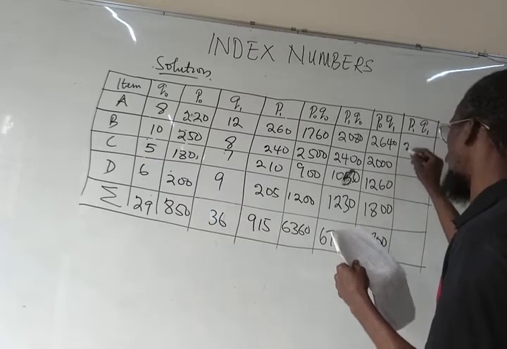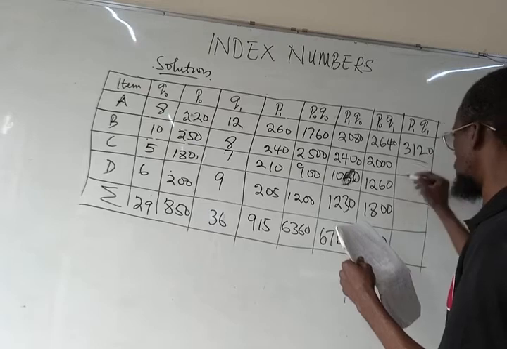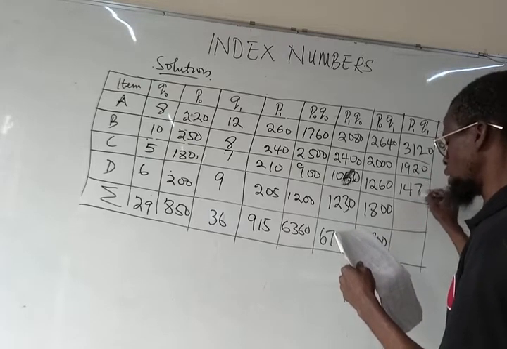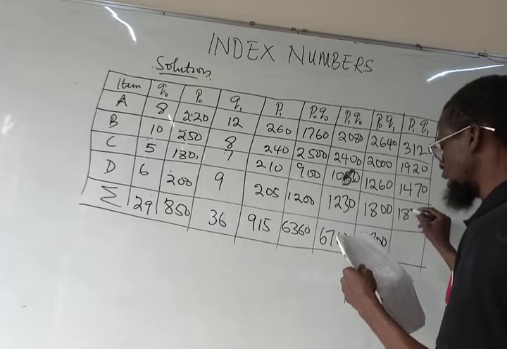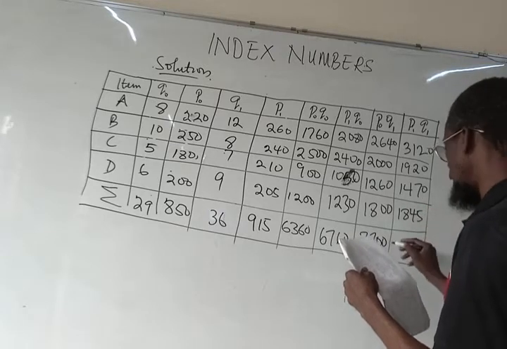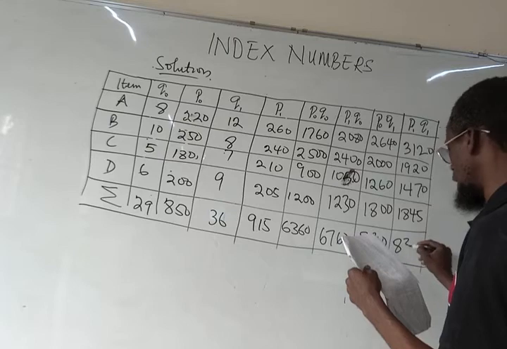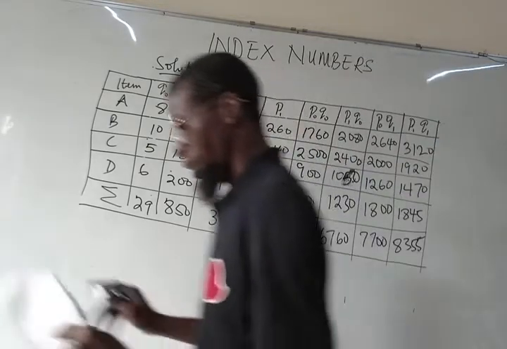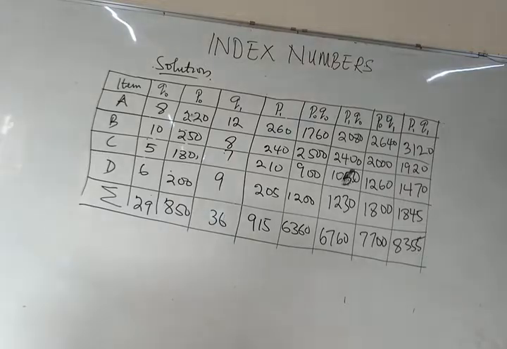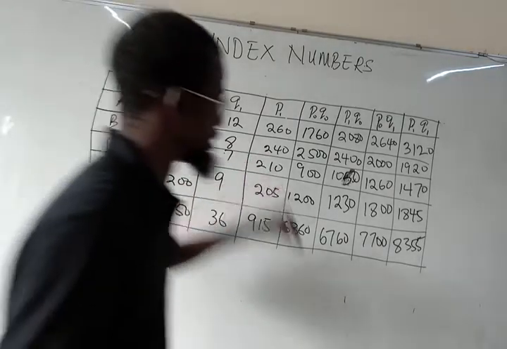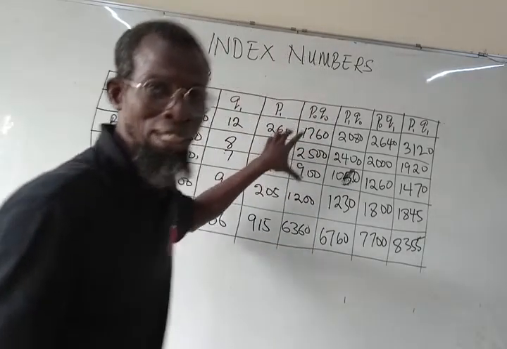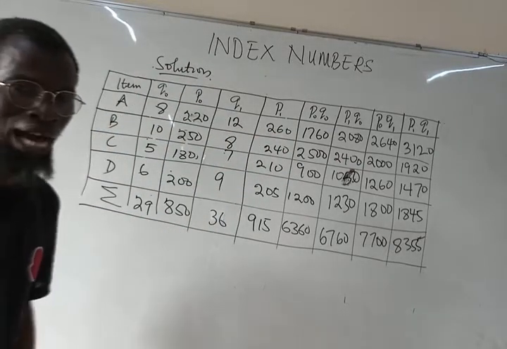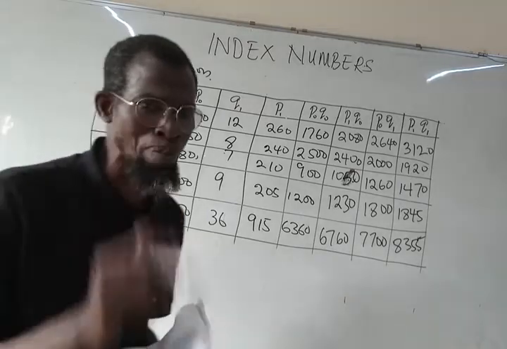Then lastly, I have 3120, 1920, 1470, 1845, and total will give me 8355. You can see it's very, very easy to do. Once you are able to get this table right, then other things are very easy.